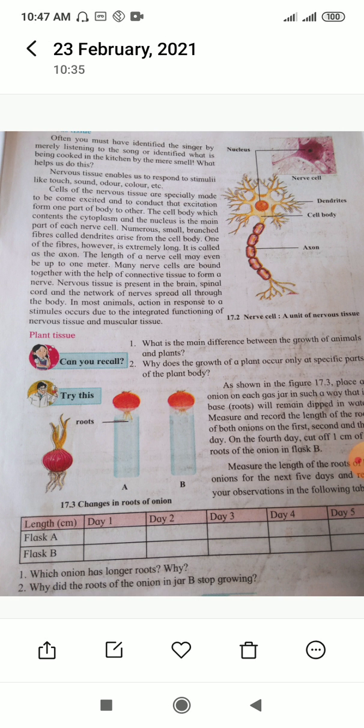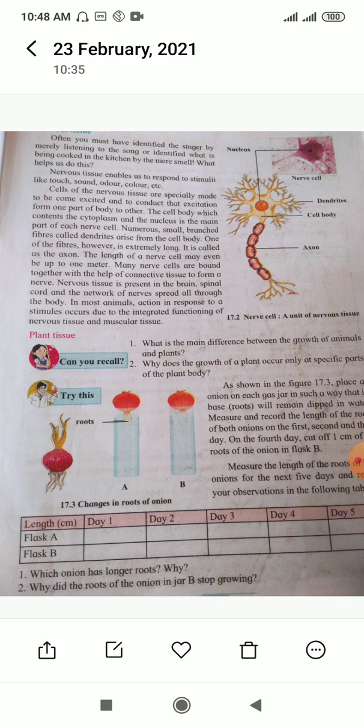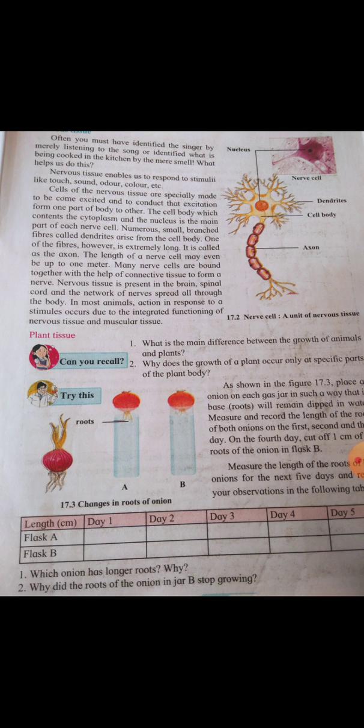This is the unit of nervous tissue. This tissue is made to become excited and conduct the excitation from one part of the body to another. Its function is to transfer messages from one part of the body to another part.